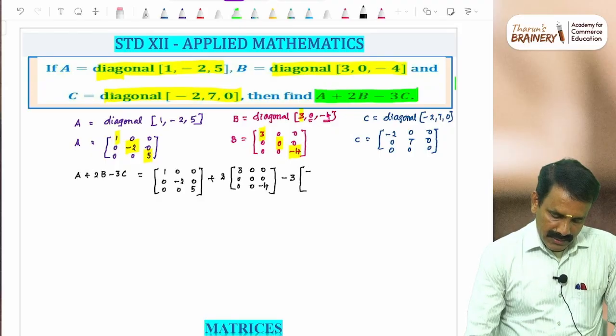The C matrix is minus 2, 0, 0, 0, 7, 0, 0, 0, 0.